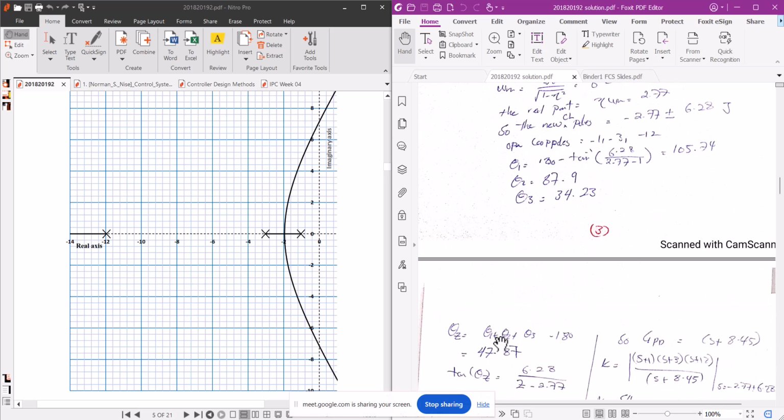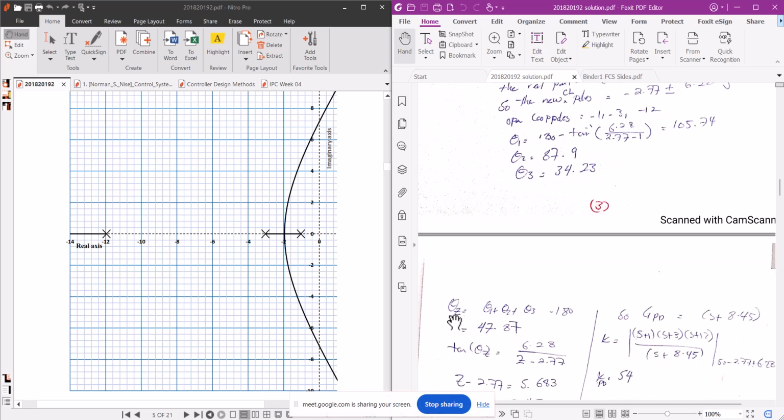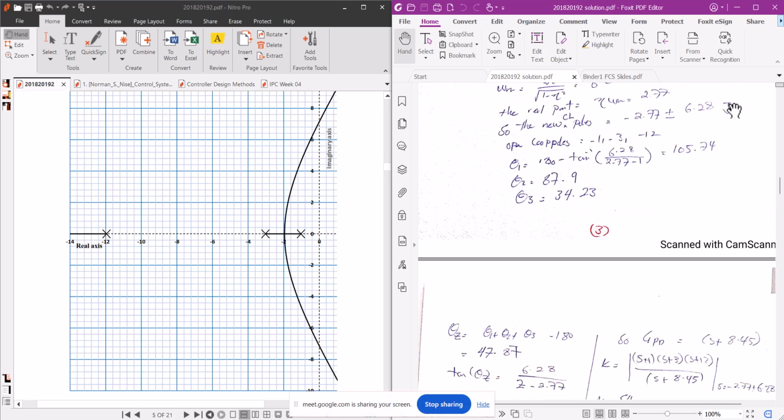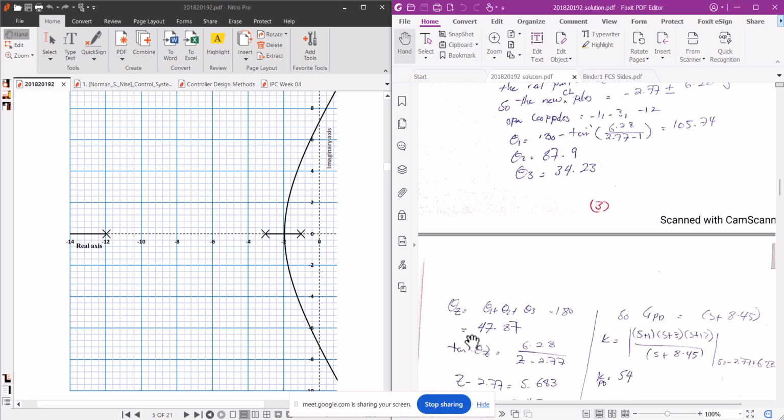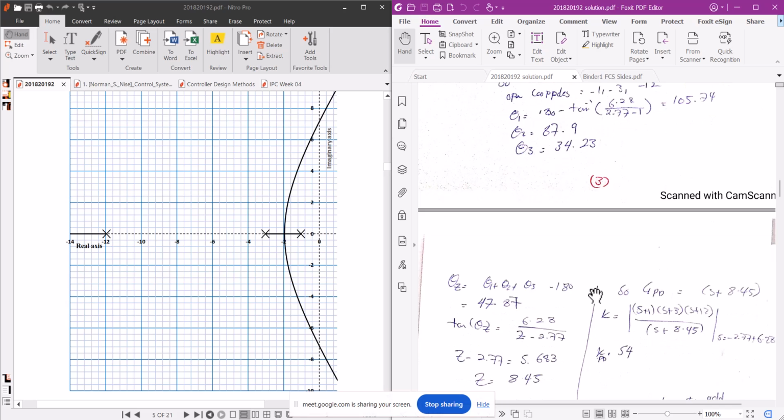Now you have theta z, the zero you are adding with the controller. Theta z is equal to theta 1 plus theta 2 plus theta 3 minus 180. Add these angles and subtract 180, and you will get theta z, that is 47.87, the angle of the new zero you will design.